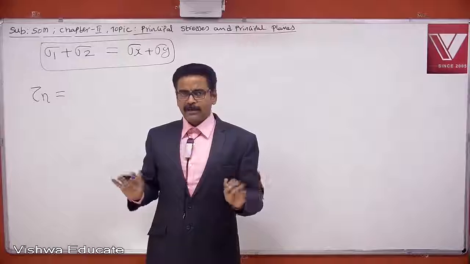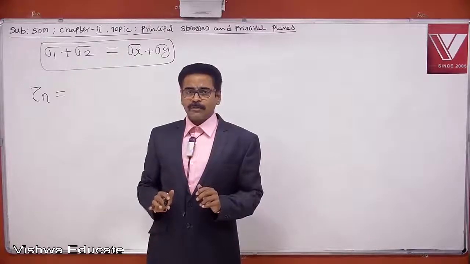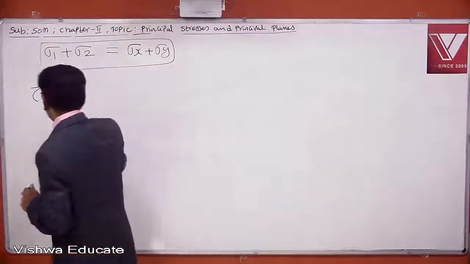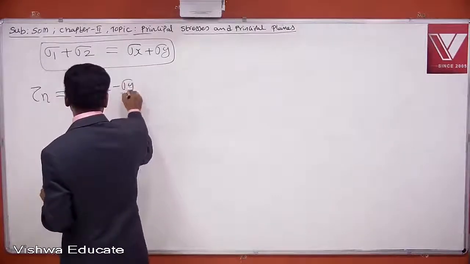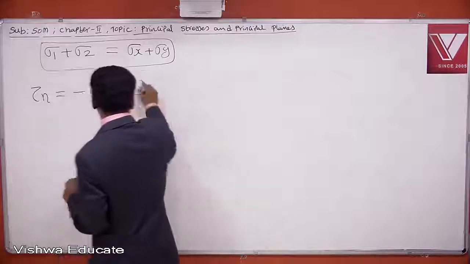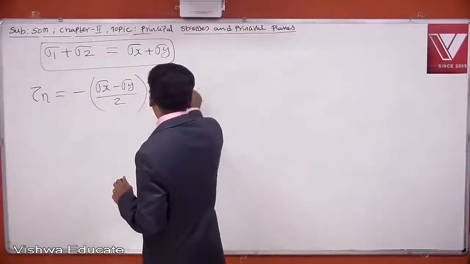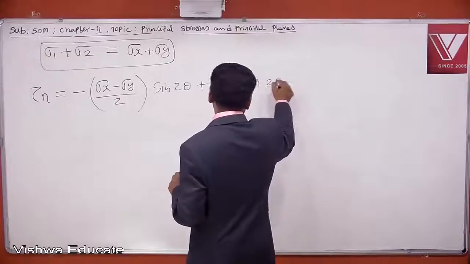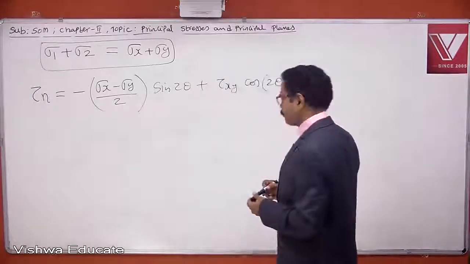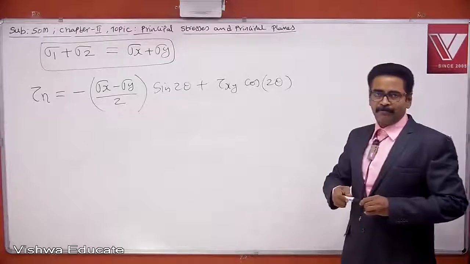A side heading: shear stress on principal plane. The general formula for shear stress is minus of sigma x minus sigma y by 2 into sine 2 theta plus tau xy cos 2 theta. This is the general formula to find shear on any plane.